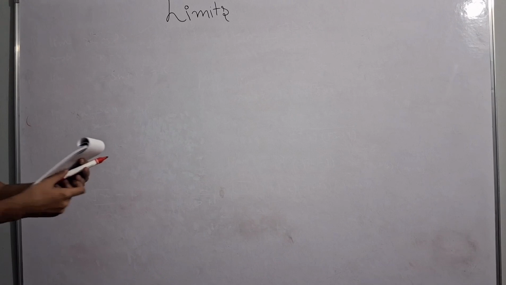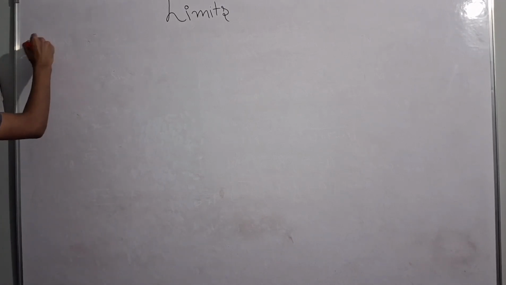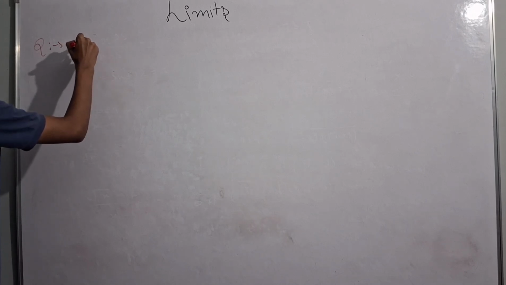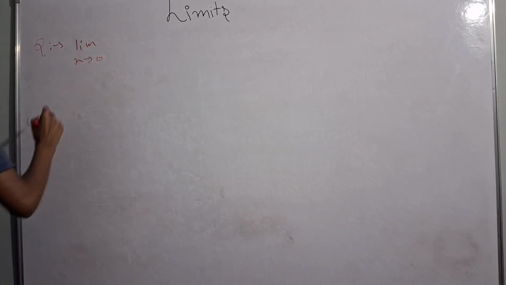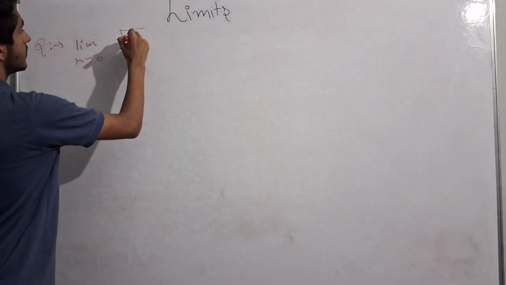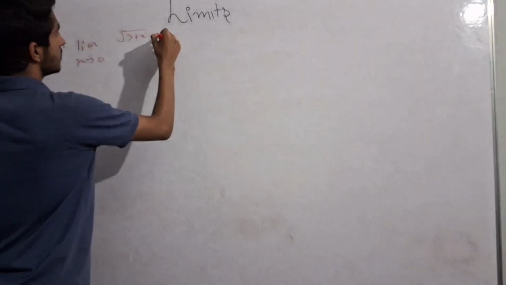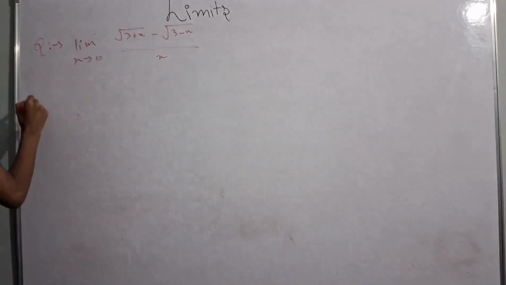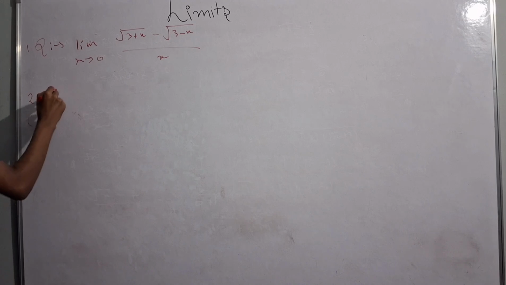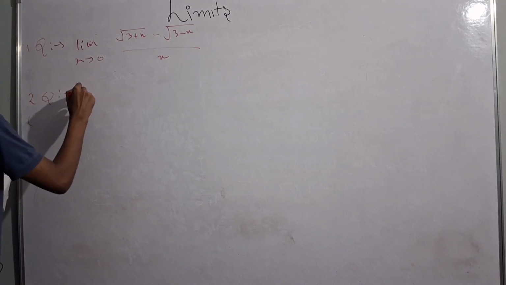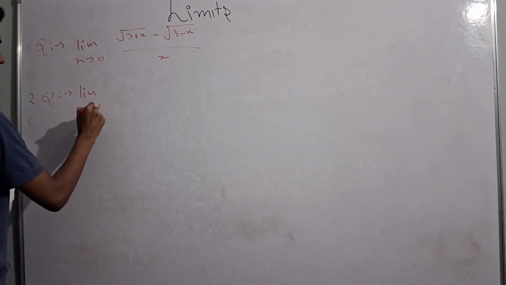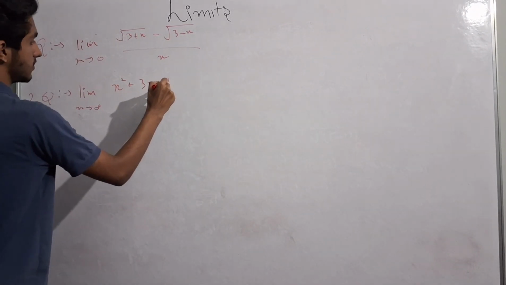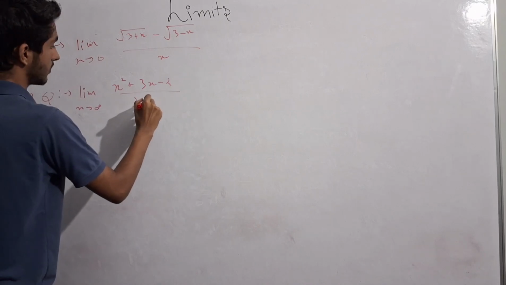So now come the last two questions, which are limit x tends to 0 of (root 3 plus x minus root 3 minus x) upon x, and the second question is limit x tends to infinity of (x square plus 3x minus 2) upon (2x square plus 3).